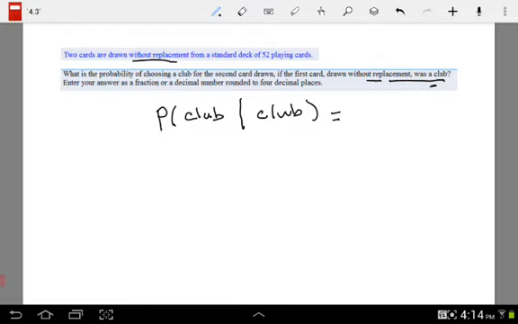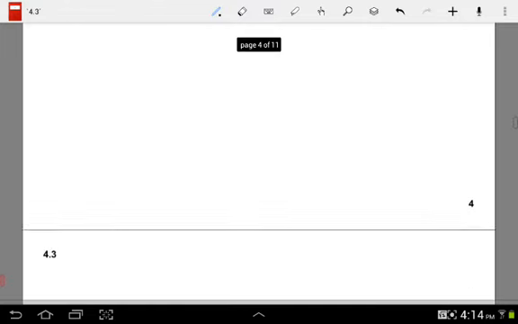In the deck we have 13 clubs, and one was pulled, so that only leaves 12. And it's not 12 out of 52, but 12 out of 51, because we've already pulled one of the cards.